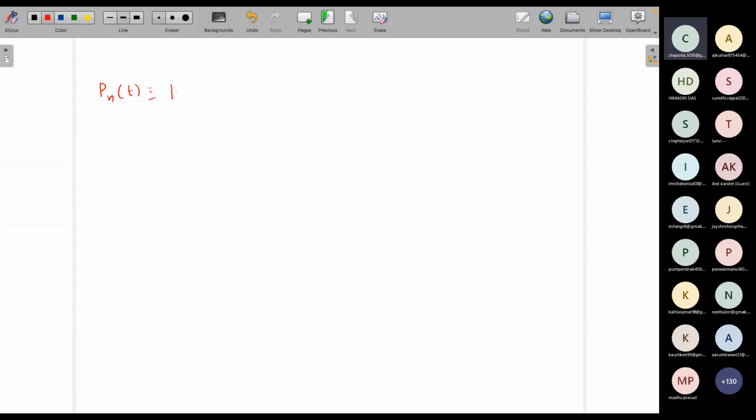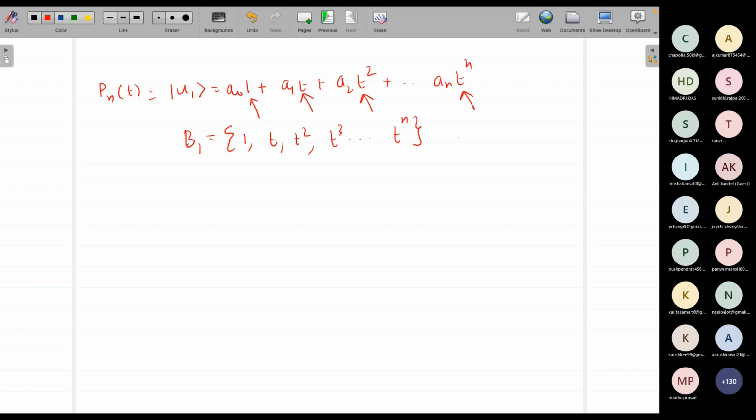so how? When you are writing a naught plus a1 t plus a2 t square plus up to an t to the n, then what you are saying is that each of these polynomials, if you think about that, this set which consists of 1, t, t square, t cube, up to t to the n constitutes a basis, because there is no way I can write 1 in terms of t.